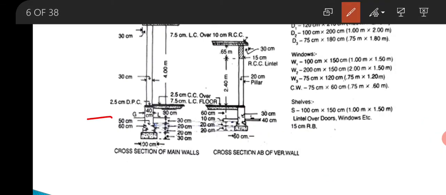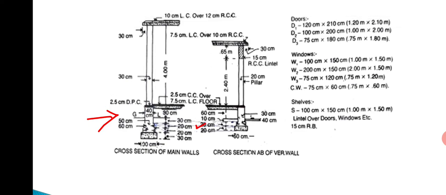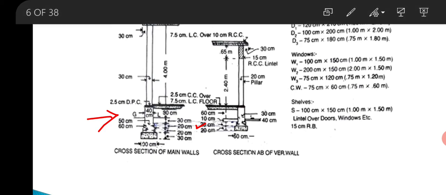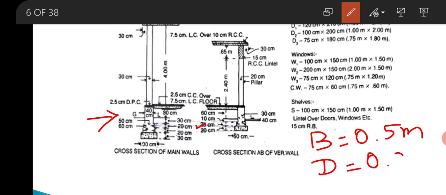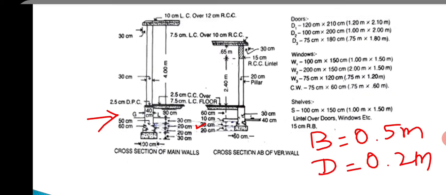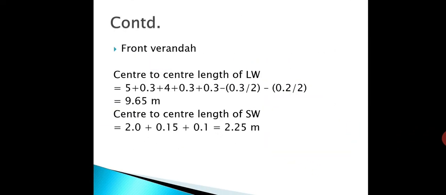So second footing width is 50 and depth, thickness is 20 centimeter. So B is 0.5 and D is 0.2 meter. Clear?